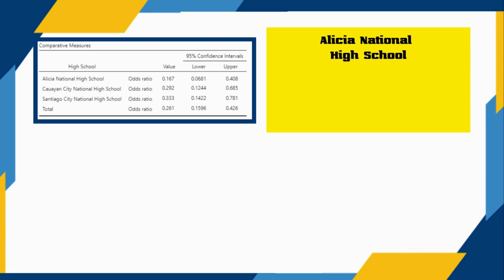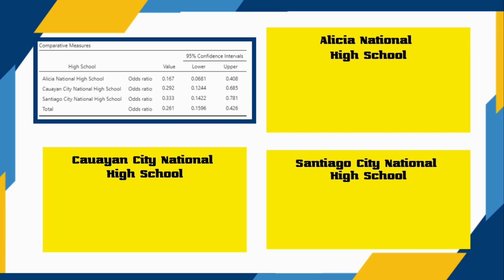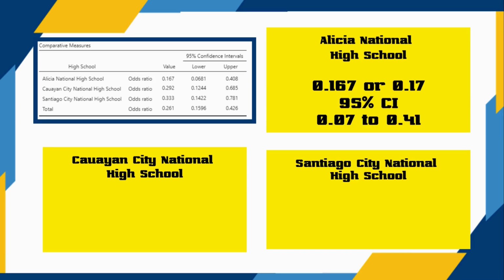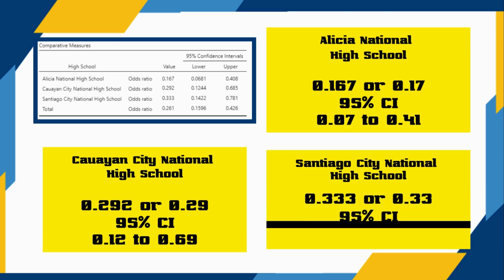Specifically, the odds ratios for Alicia National High School, Cochran City National High School, and Santiago City National High School were 0.17, with a 95% confidence interval from 0.07 to 0.41, 0.29, with a 95% confidence interval from 0.12 to 0.69, and 0.33, with a 95% confidence interval from 0.14 to 0.78, respectively.